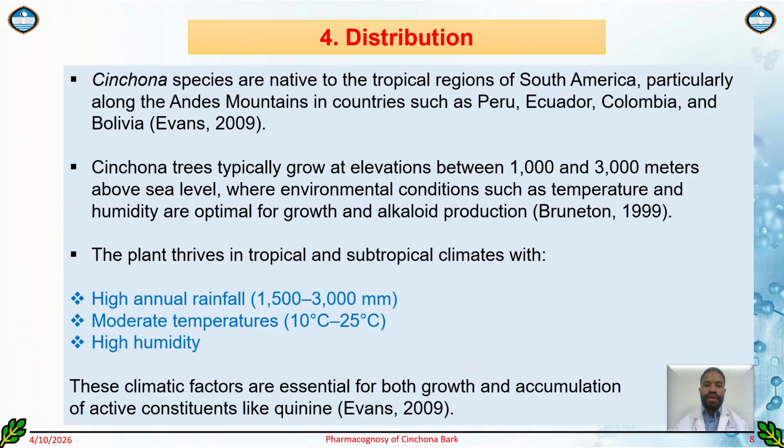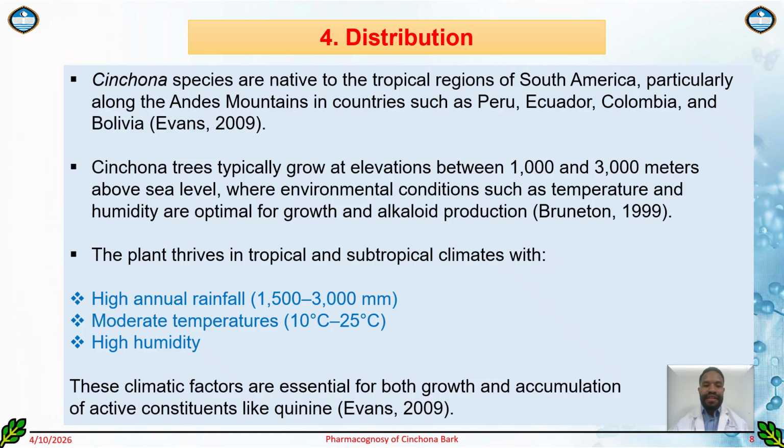4. Distribution. Cinchona species are native to the tropical regions of South America, particularly along the Andes Mountains in countries such as Peru, Ecuador, Colombia, and Bolivia. Cinchona trees typically grow at elevations between 1,000 and 3,000 meters above sea level, where environmental conditions such as temperature and humidity are optimal for growth and alkaloid production.